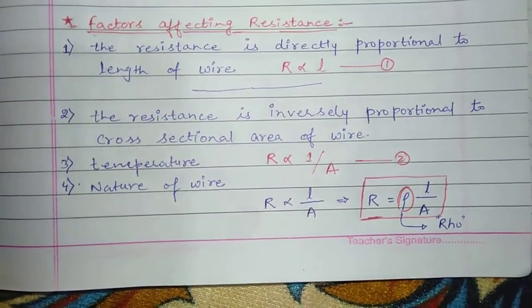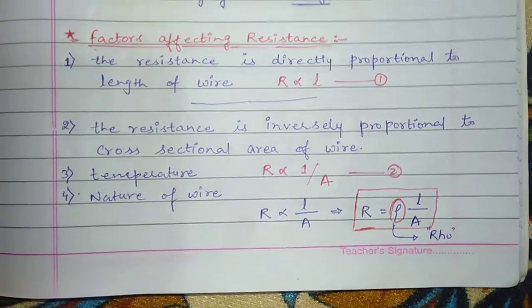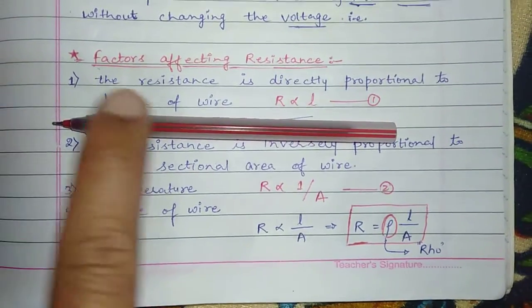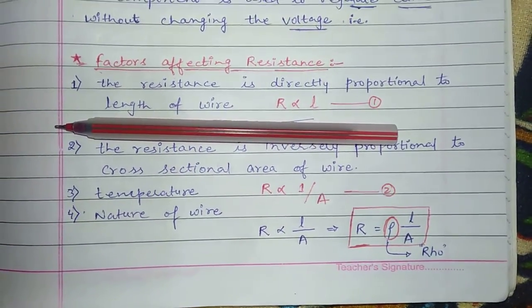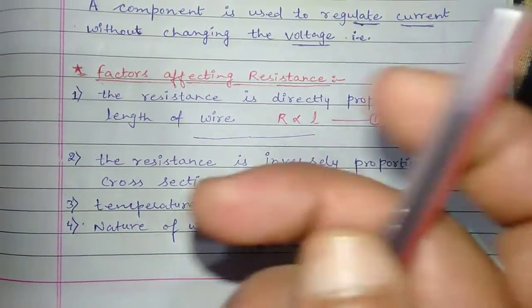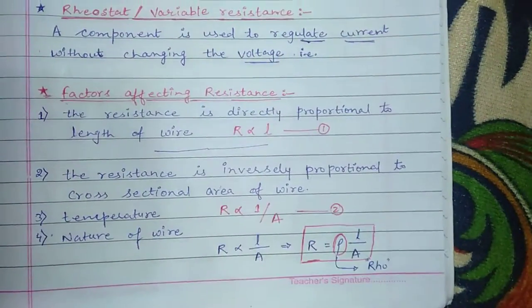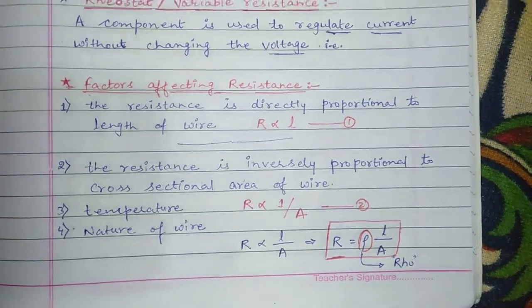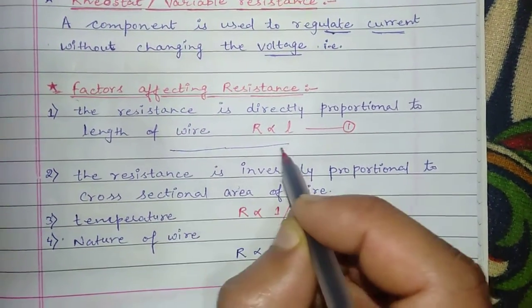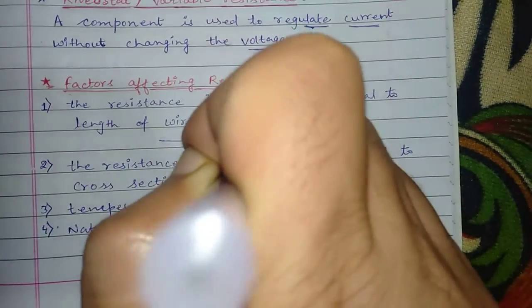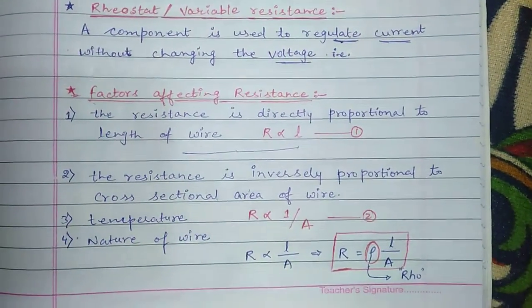Then the cross sectional area. What does cross sectional area mean, student? For example, this is a pen, this is the wire. We consider this the length, and this part is the cross sectional area. Similarly, in the wire, this is the length, and this part is the cross sectional area.